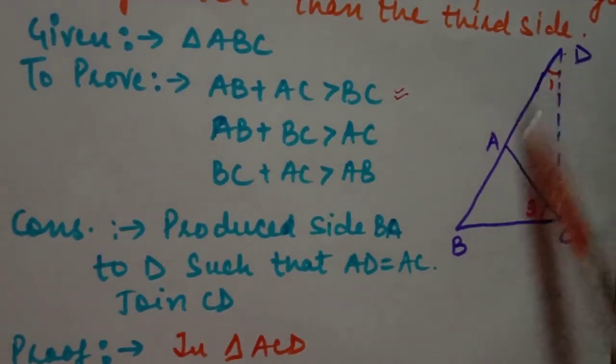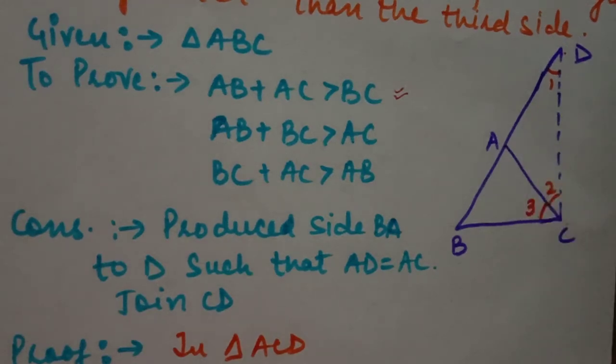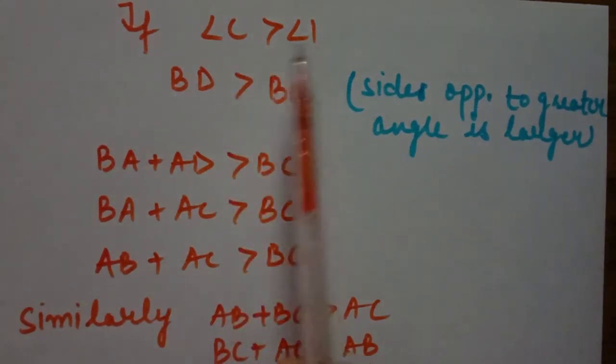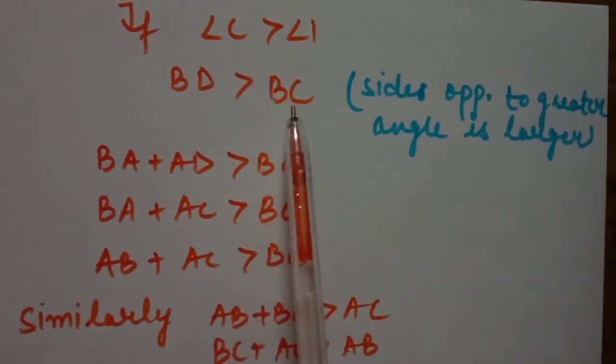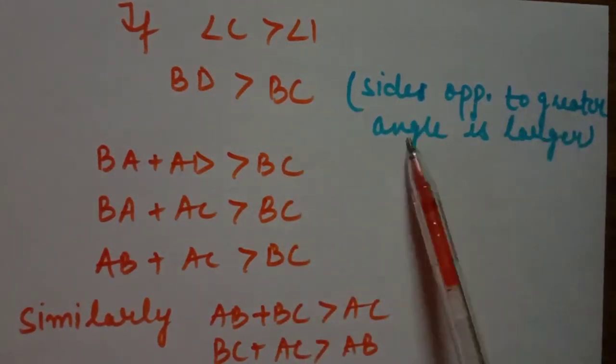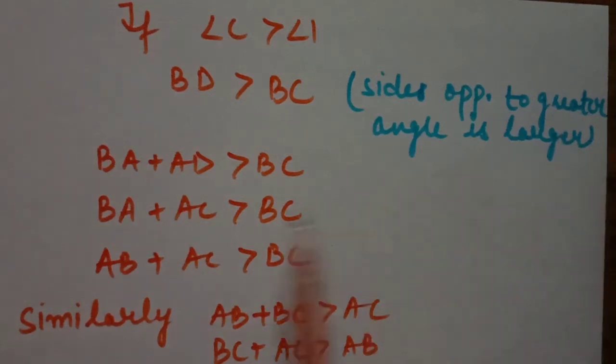We can change BD as BA plus AD, and AD is replaced by AC because they are both equal to each other by construction. If angle C is greater than angle 1, BD is greater than BC. Reason: the side opposite to the greater angle is larger.